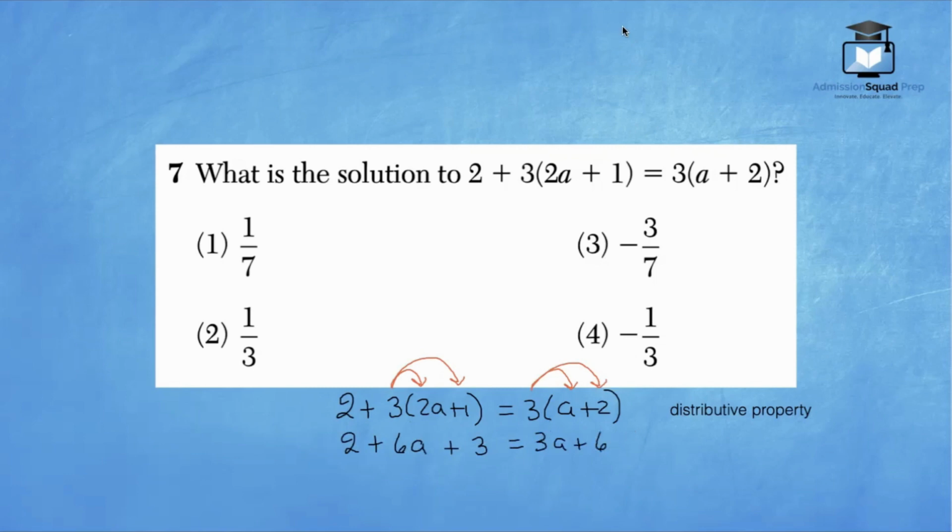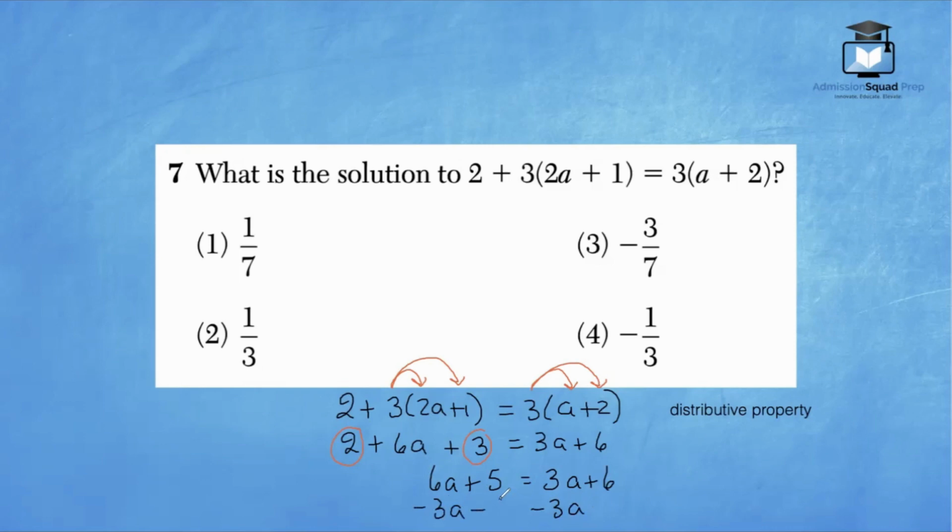And let's combine like terms. Our like terms on the left-hand side are 2 and 3. So now we have 6a plus 5 equals 3a plus 6. And our goal here is to get the variables on the left and the numbers on the right. So let's subtract 3a on both sides.